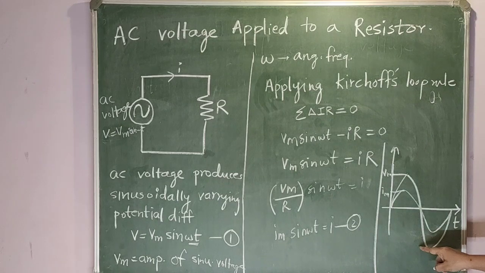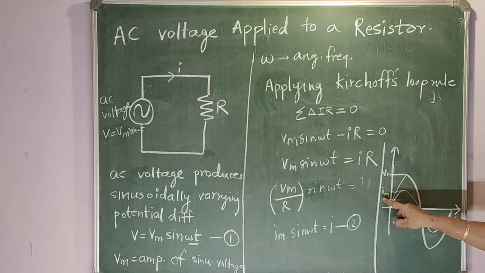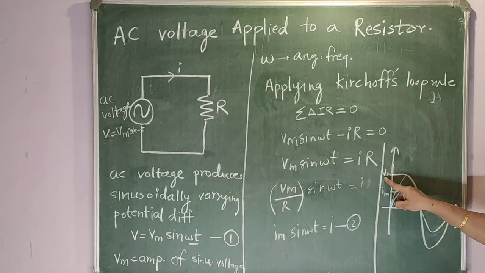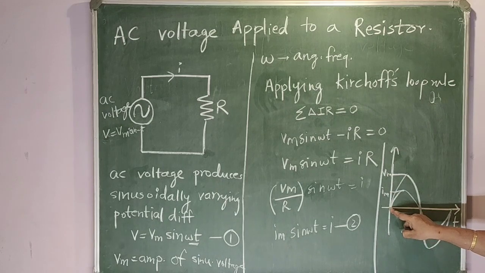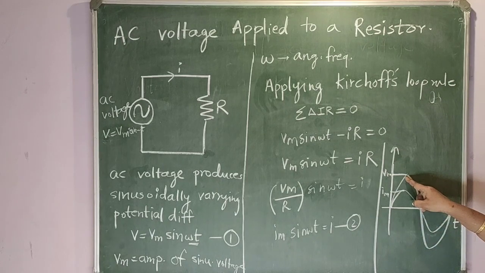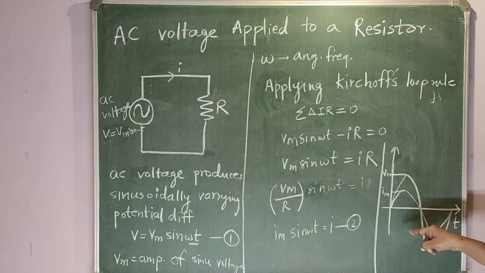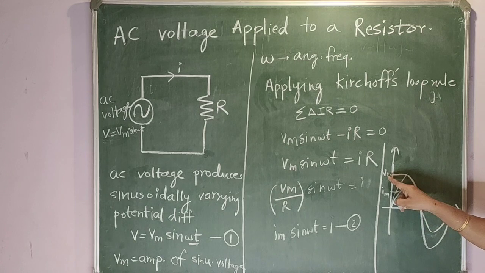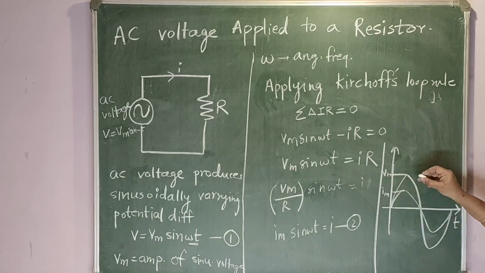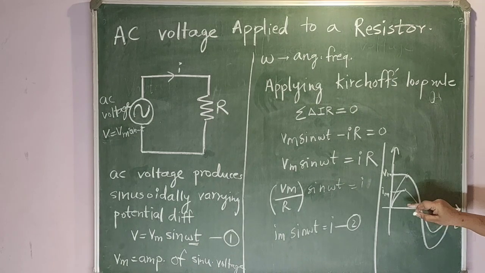This graph shows that the current and the voltage achieve minimum, maximum, zero, all the values at the same time. This is V maximum. This is I maximum. They are achieved at the same time. The zero achieved by the current and the zero achieved by the voltage are also at the same time.